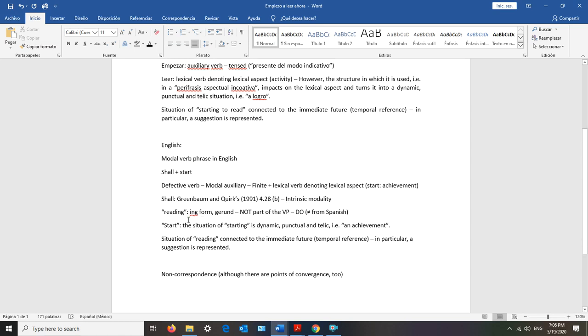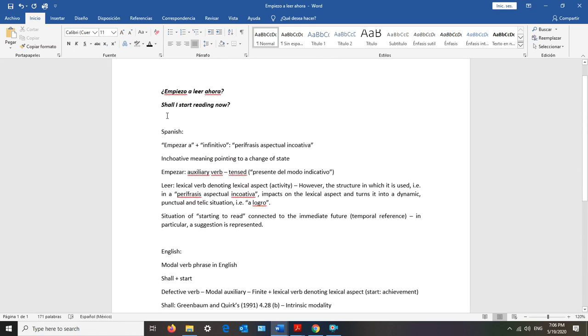Now, different from Spanish, reading is not part of the VP. It is an ing form, a gerund that is the direct object of the VP. Shall I start? I shall start would be in the declarative form.